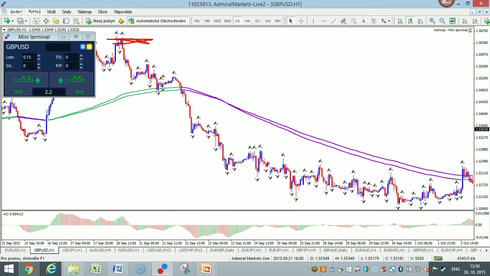You might say this one is closer, but I don't use it because this fractal pushed through that fractal, which means that fractal is broken. I use the fractal that's not broken.